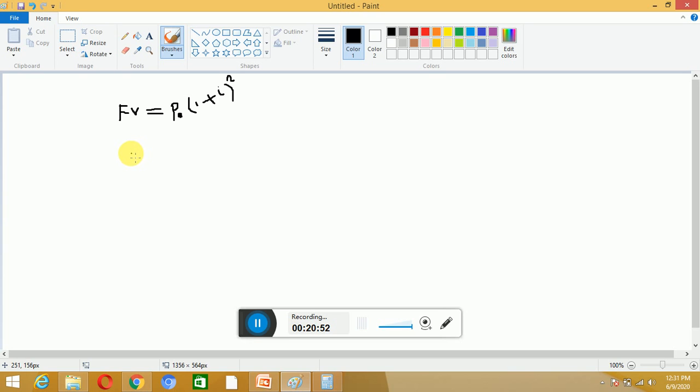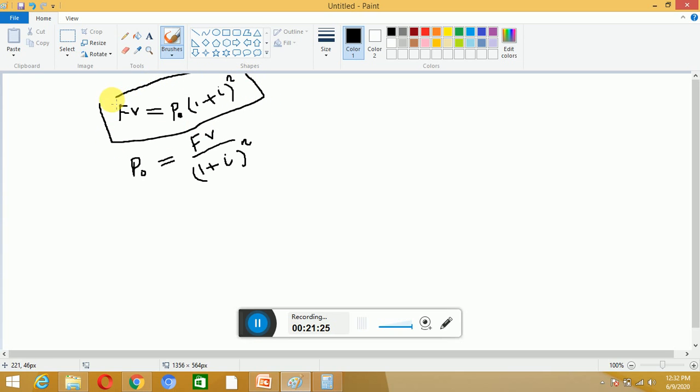And then we discussed the present value formula. P naught is equal to future value divided by 1 plus i raised to the power n. So this is the formula of future value, and this is the formula of present value.